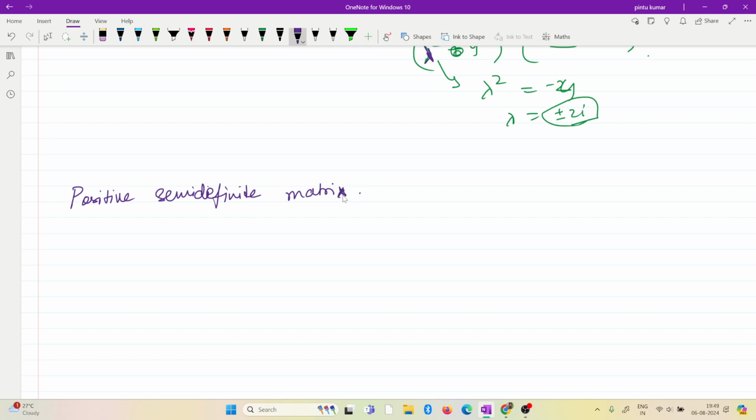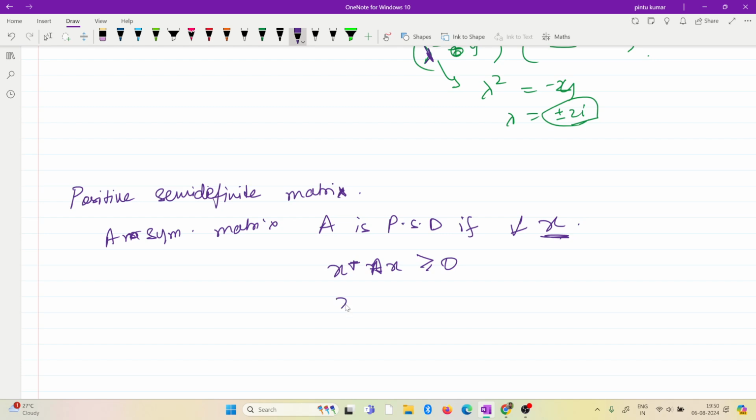A symmetric matrix A is positive semi-definite if for all x we have x transpose Ax greater than or equal to 0. So no matter what x you choose, if you take x transpose Ax, you obtain something greater than or equal to 0, then that matrix is called positive semi-definite.